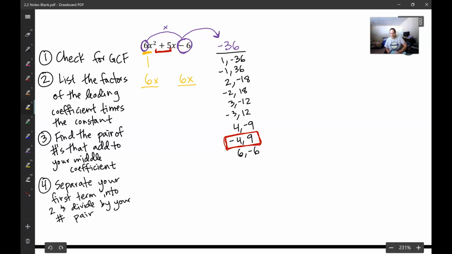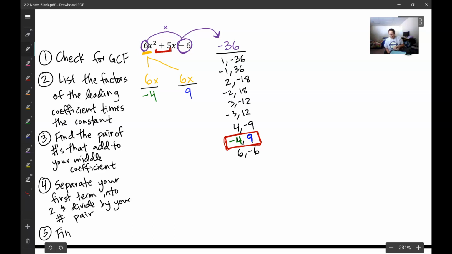So that's what it means to divide your first term into 2 things. Not the number, just the letters. Then, next part of that step, I'm going to divide by my pair of numbers. So here's my negative 4. Here's my positive 9. So I'm dividing by my pair of numbers.